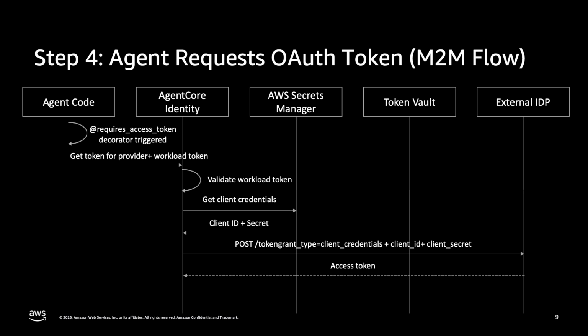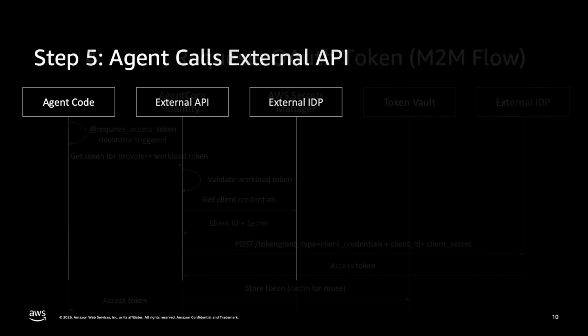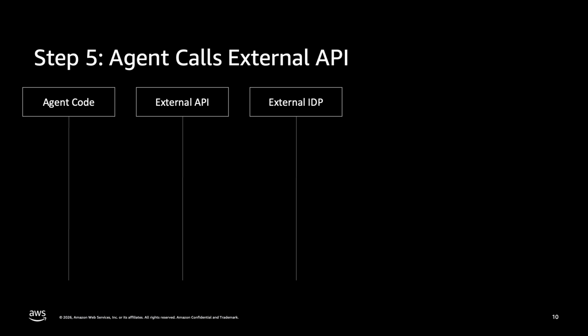The identity service then calls the external identity provider's token endpoint using the client credentials and receives an access token. The token is cached in the token vault for reuse and returned to the agent code. The agent never sees the client secret. It only receives the access token it needs. Now the agent has the access token and can call the external API.